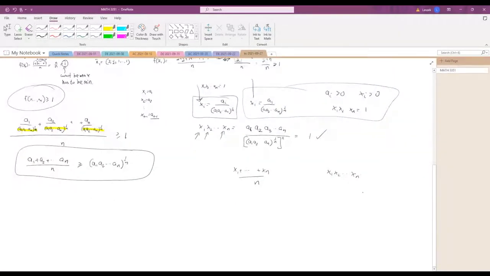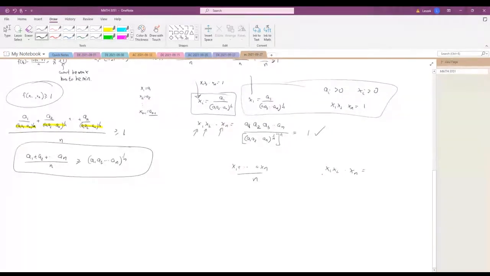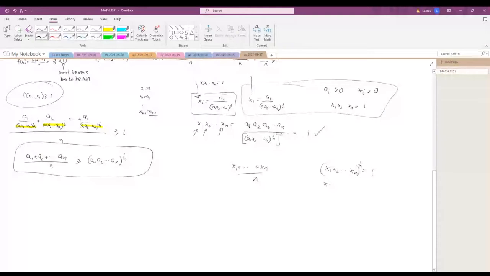Except it's normalized, because if you raise this to the power 1 over n, depending on what positive numbers x1 through xn are, you don't have to get 1, but they essentially normalized it. So that's how they got the constraint.